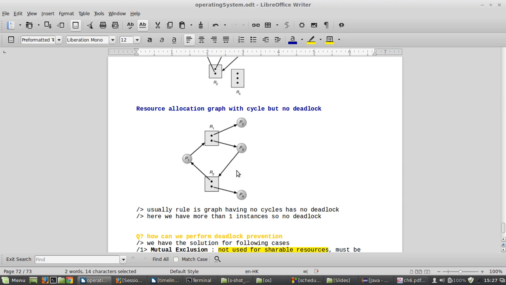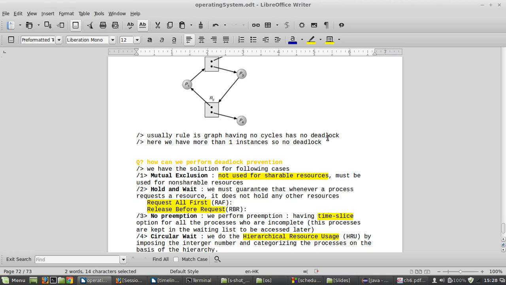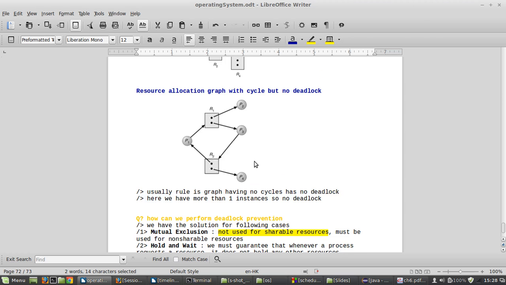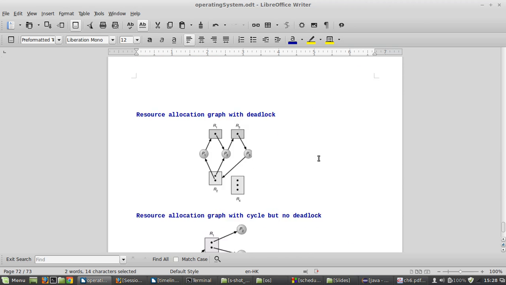Process 3 is holding the resources of R2, whereas it is acquiring the resources of R1. And here, in a similar situation, the R2 block has 2 instances and R2 is holding the resources of P4. So here there was no deadlock, right?